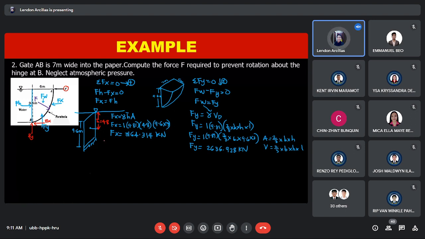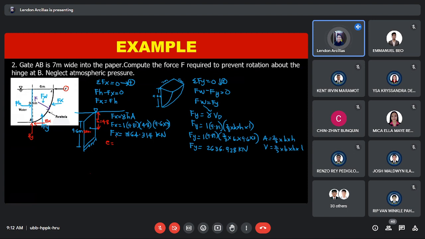So, we solve its location based on E. Okay? So, this is F of H or F of X. So, using E, malalaman natin yung location niya. Since magkakaroon kasi tayo ng moment mamaya, and ang lever kasi magdedepende sa location ng F. So, we need to take moment at point B para makuha yung force F.